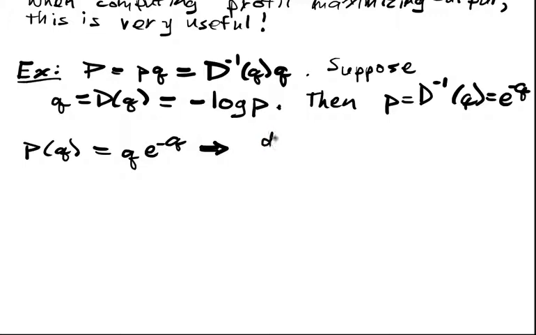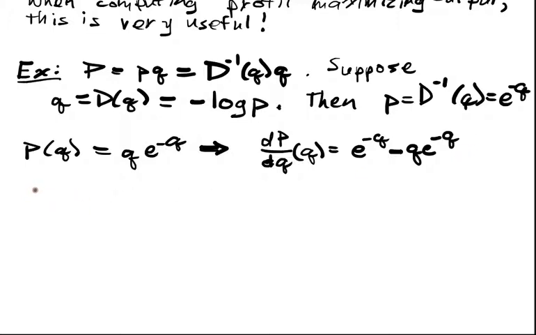So dP over dQ of Q is equal to, well, product rule will give me e to the negative Q minus Q e to the negative Q. And now I set that equal to 0.